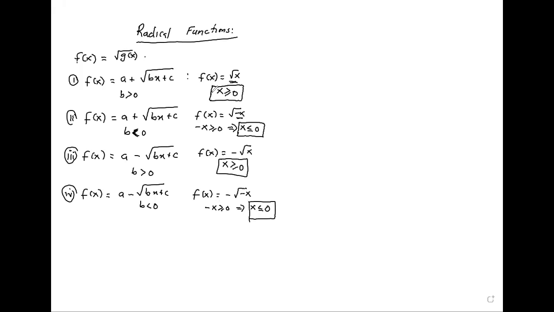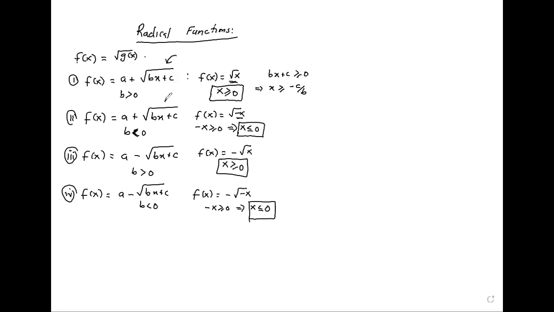Now, if we go back to the general one, we'll have the domain as bx plus c greater or equal to 0, giving us x greater or equal to negative c over b.